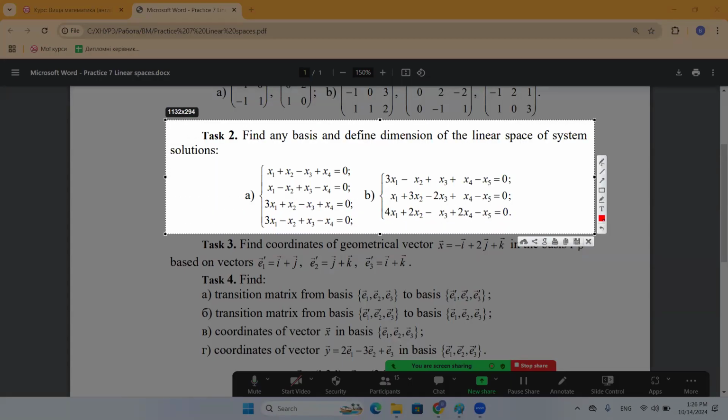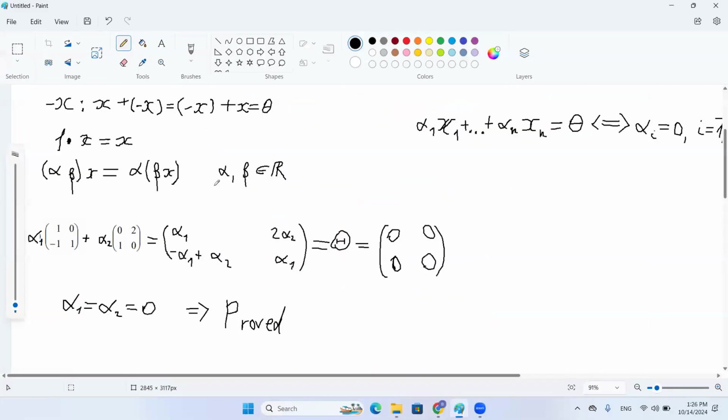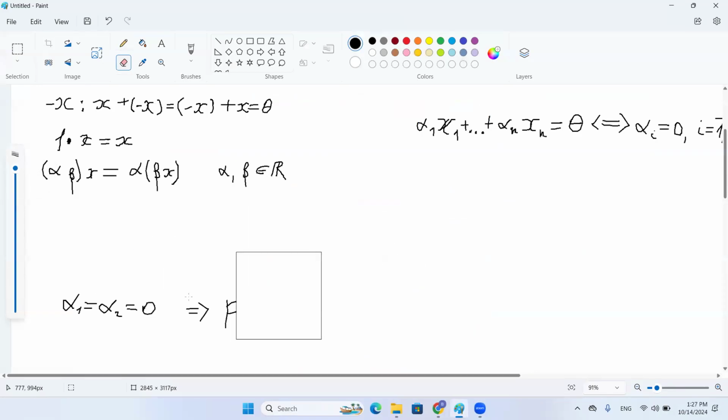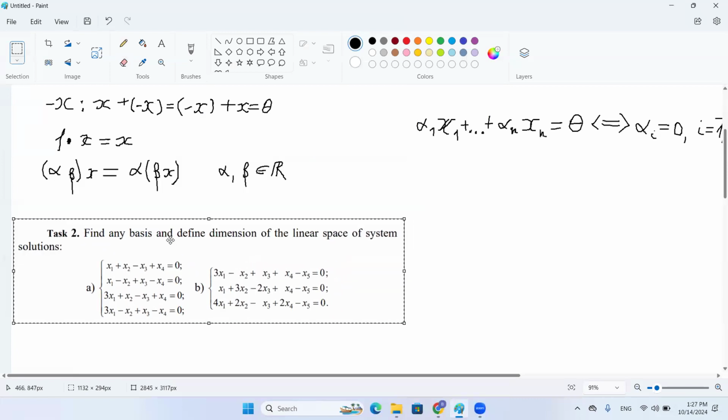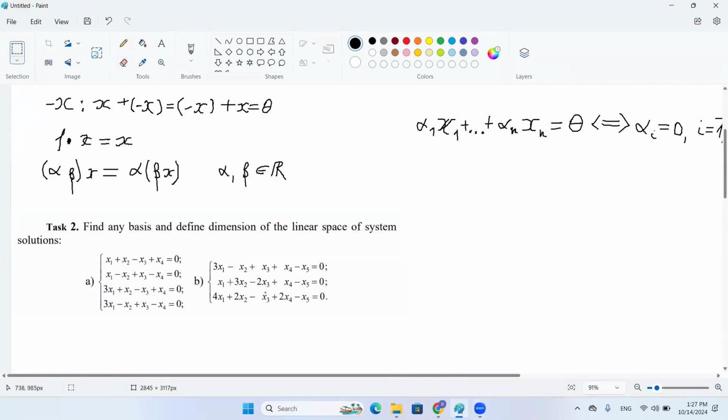So any ideas? We need just to solve part A, not part B for now. No ideas, yeah? As I understand.